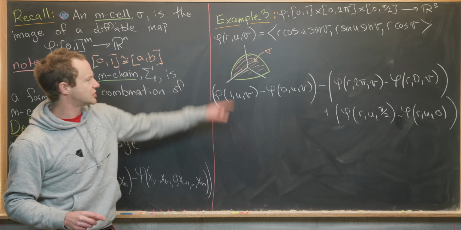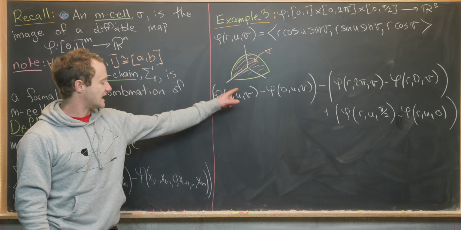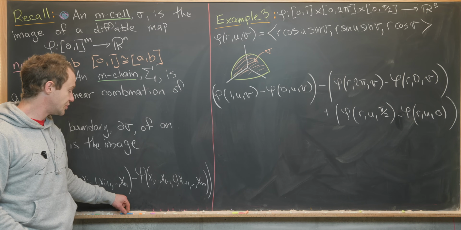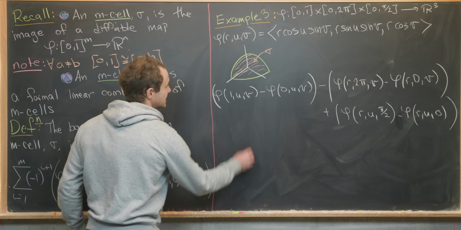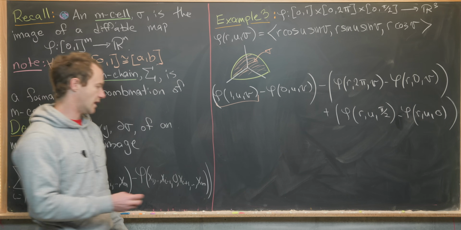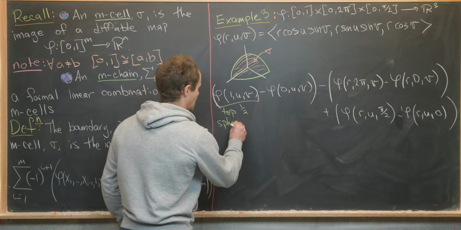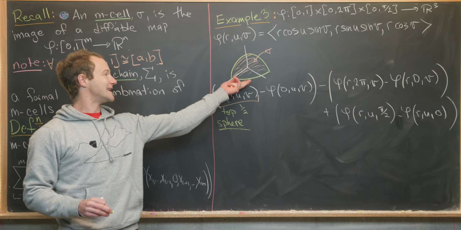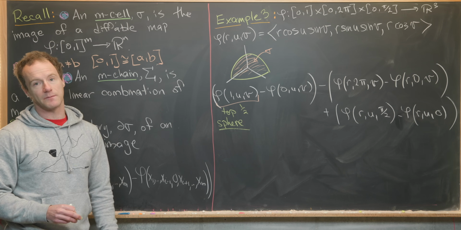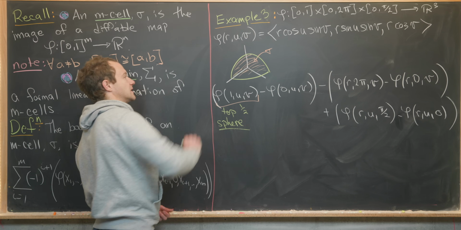So it's kind of hard to draw it in this picture right here, but what we're getting from the image right here, which is a 2-cell, is the top half of a sphere of radius 1. So let's maybe write that in here. So top half of the sphere. So that does not include the disk on the bottom. So that's important to notice. That's just the top half of the sphere.